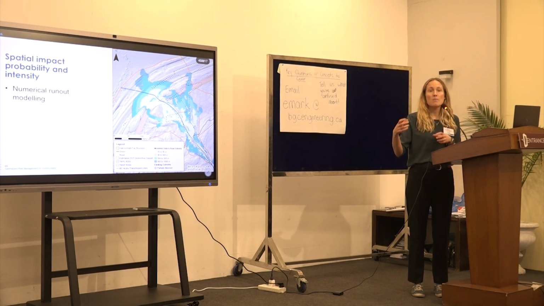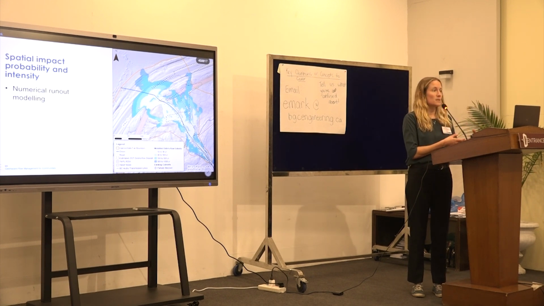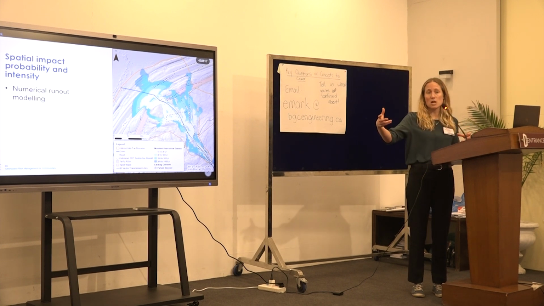The main thing to make sure, regardless of which tool you're using, is that you understand the limitations of the tool. For example, if the tool was developed for a certain type of river in Switzerland, you need to think about, okay, is my site similar to that, or is it different, and what do I need to change? So make sure you're using the right tools to actually answer the questions that you have.